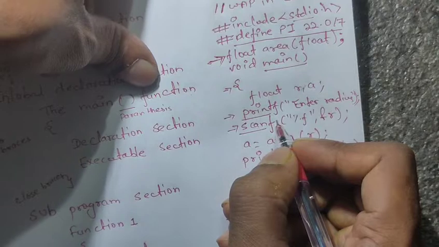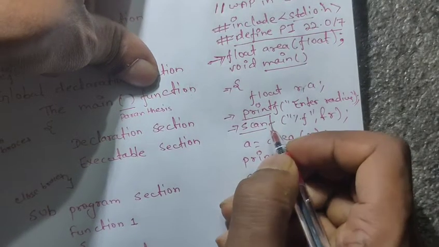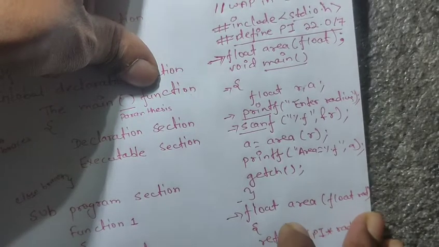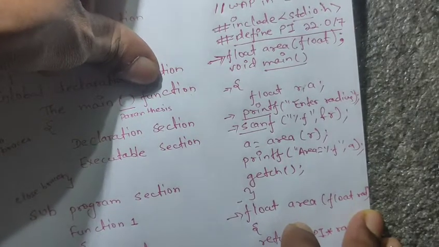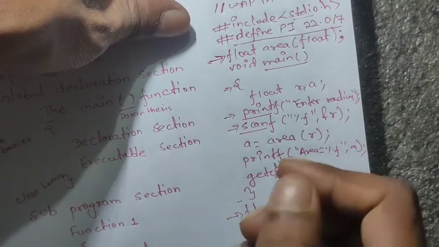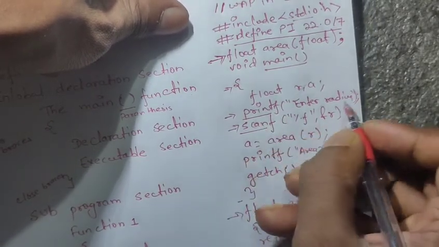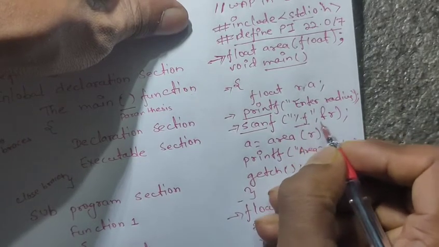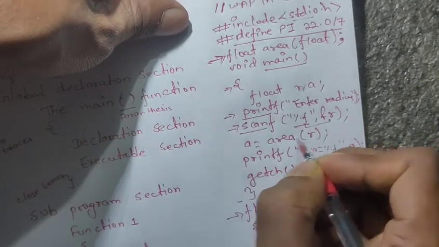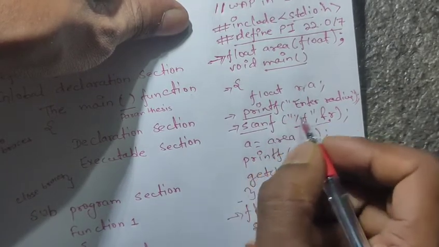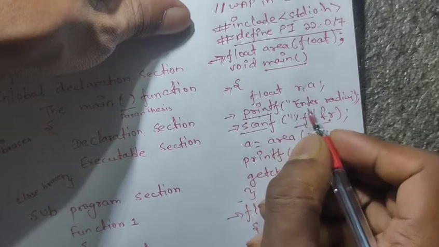Remember it, we will use printf and scanf in many programs. Not only many, in most programs we must use these to take standard inputs and outputs. Okay, so printf enter the radius, and this is the representation of a floating value, and that's called r. We will discuss in detail how this works in the next videos.